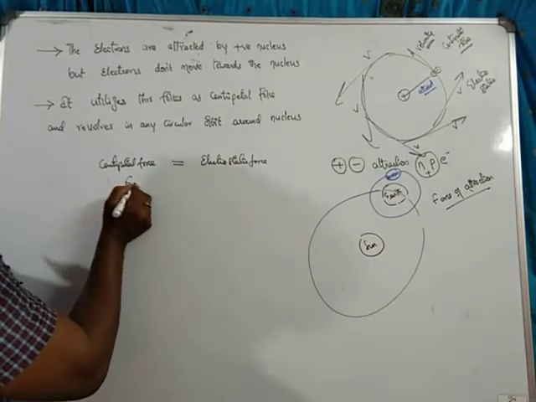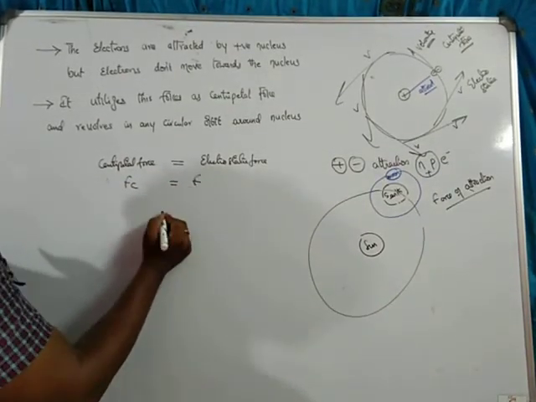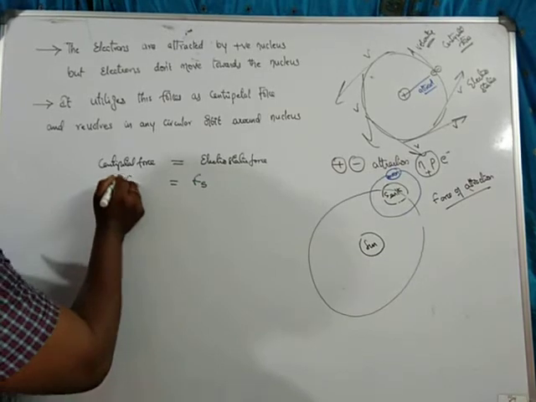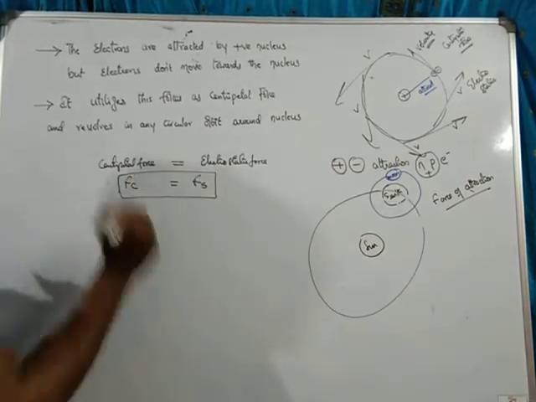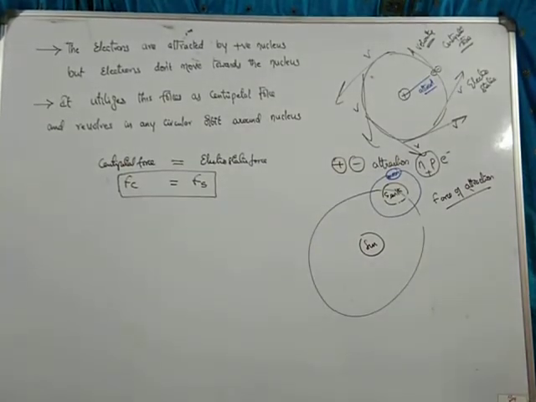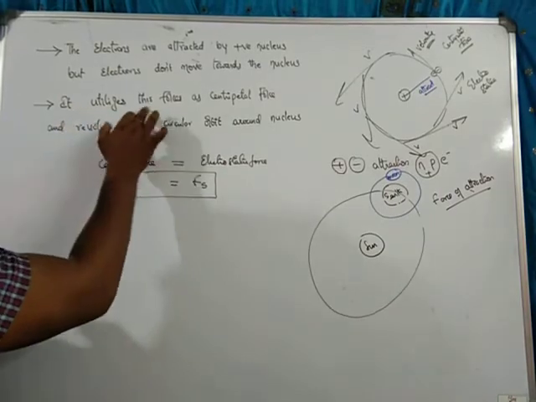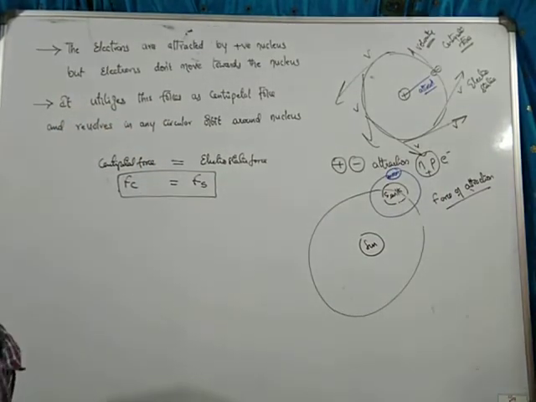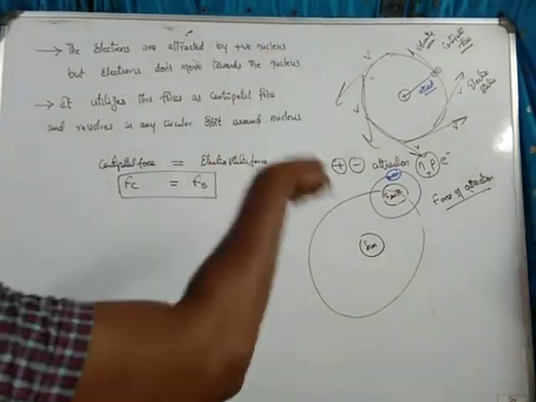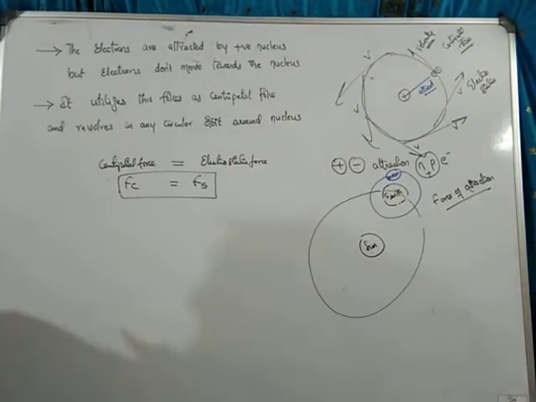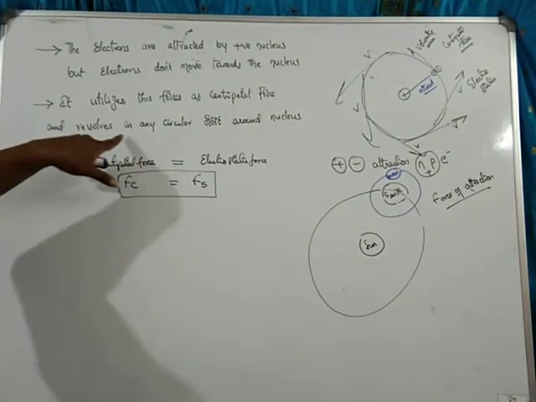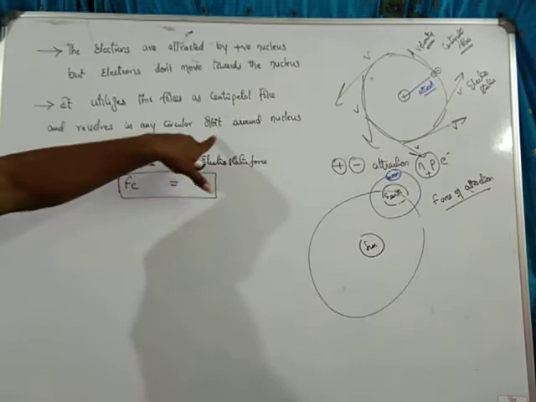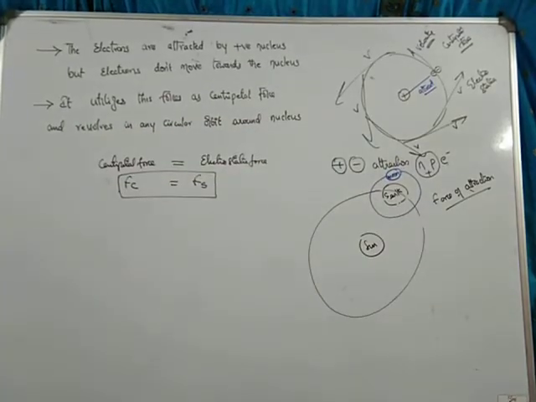That is, the centripetal force is equal to the electrostatic force. So it utilizes this force as a centripetal force, and whatever the velocity with which it is moving, it revolves in a circular orbit around the nucleus.